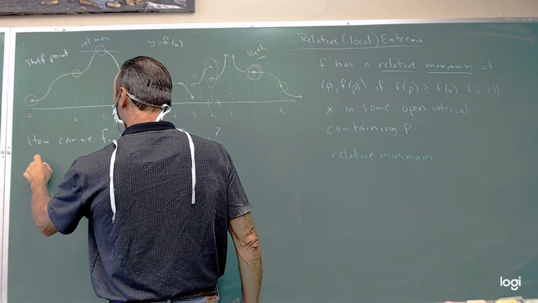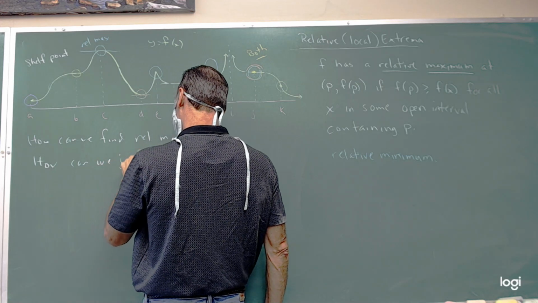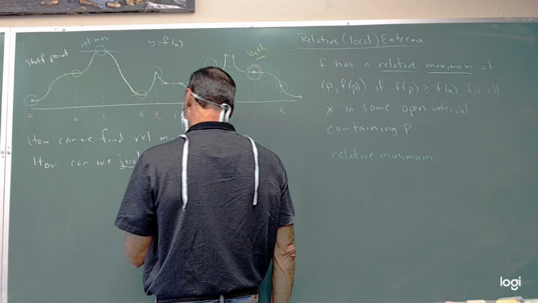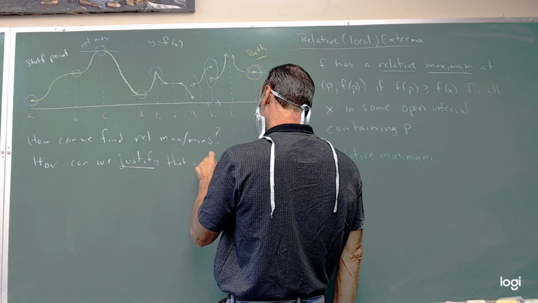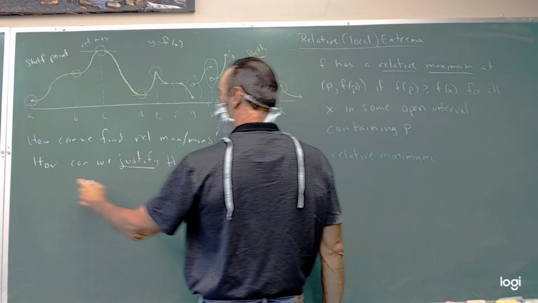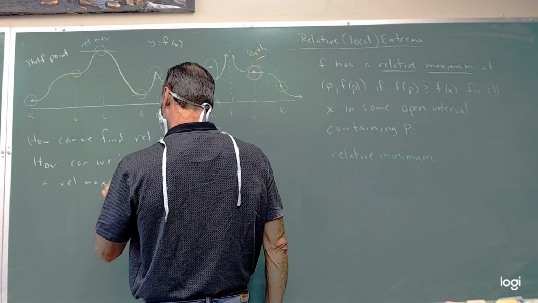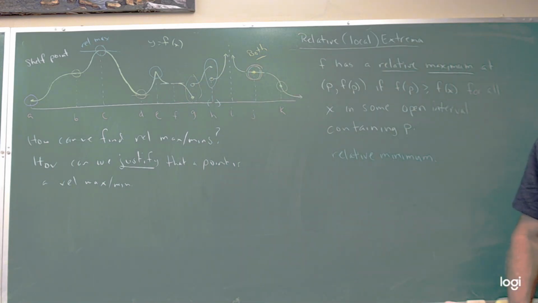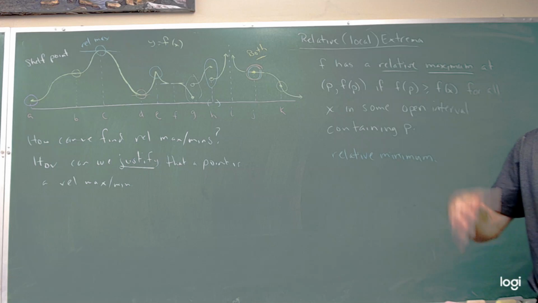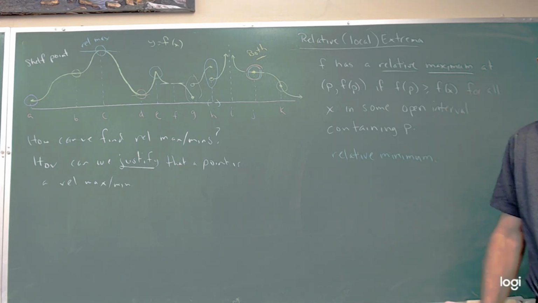How can we justify, because this is a separate question kind of altogether, that a point is a relative max or min? Because this is a question that regularly appears on AP exam questions. Find a relative min or relative max. Justify. Why is it a relative min? How do you know it's a relative min or relative max?